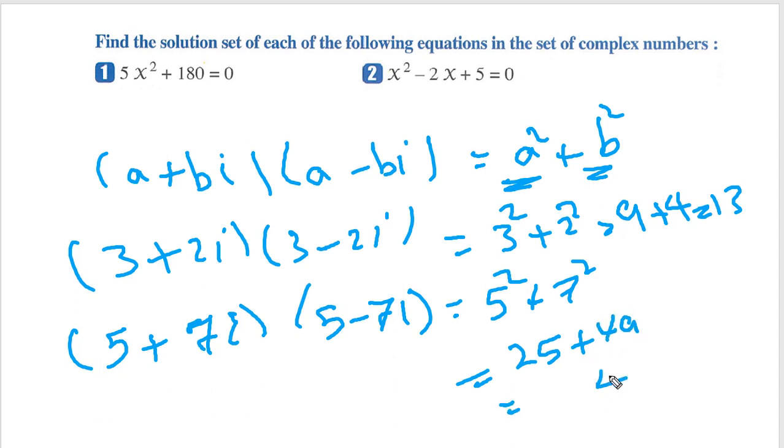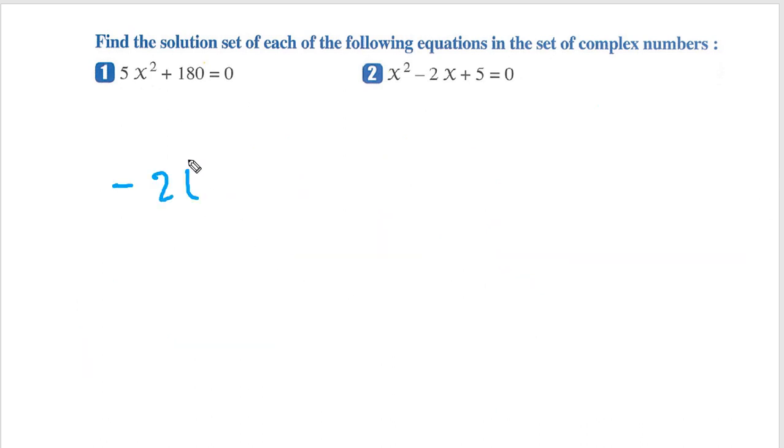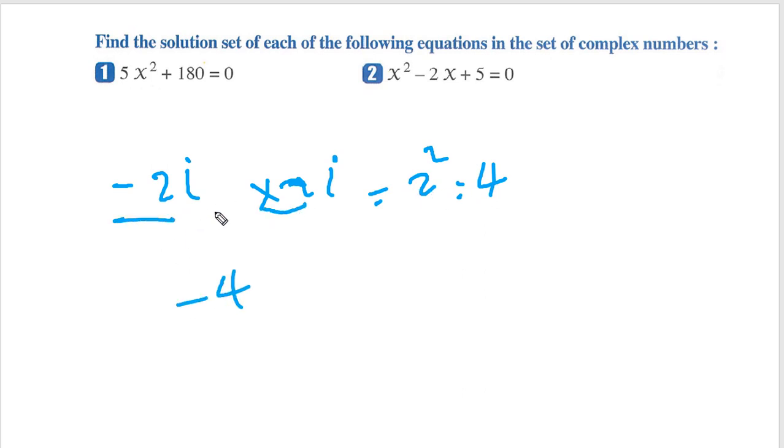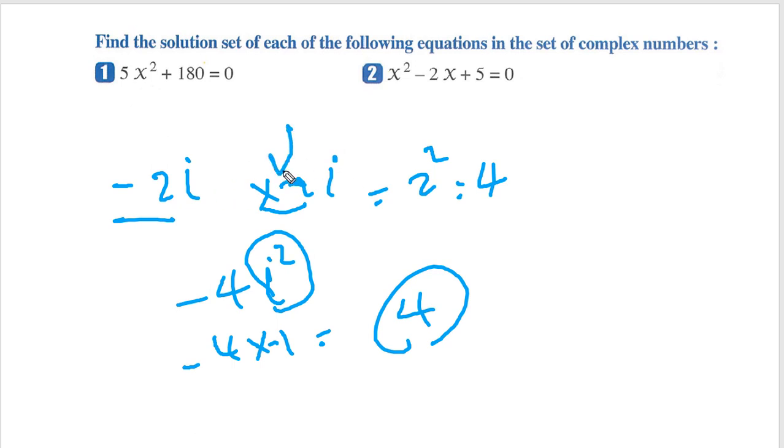Then if you take negative 2i times 2i, the number and its conjugate, then it will be 2 squared, which is 4, or negative 2 times 2, it will be negative 4, i times i will be i squared, and you know that negative 4 times negative 1 will be positive 4. Then if you do the square for this number, you will get the answer.